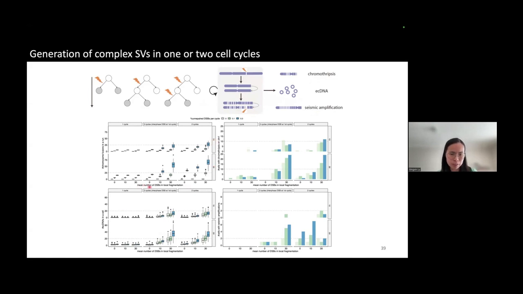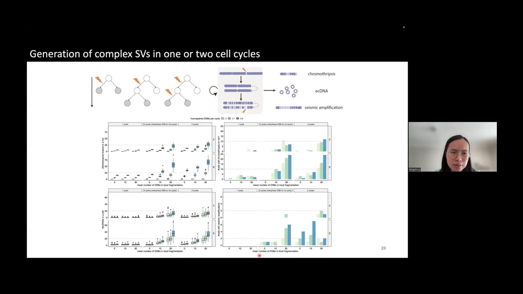We also explored different numbers of double-strand breaks during local fragmentation. Here you can see there are more chromosome fusions and ecDNAs in 2 cell cycles when there are more DSBs and more DSBs in local fragmentation.